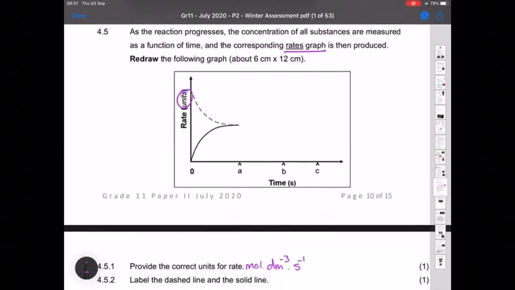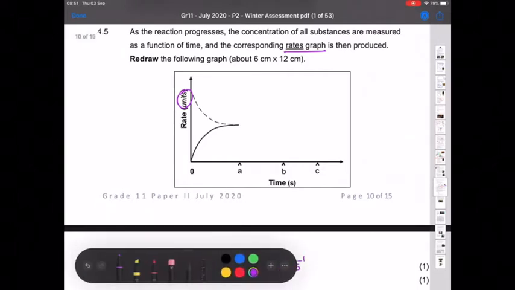So at the start of a reaction, the reverse reaction hasn't yet occurred, because you need to first make some product before that product can break down and form reactant, if you're talking about going from left to right. So at the start of a reaction, you've got lots of reactants, and the collisions between the reactants are going to occur really quickly, and that means the rate of the forward reaction is going to start off at a high rate.